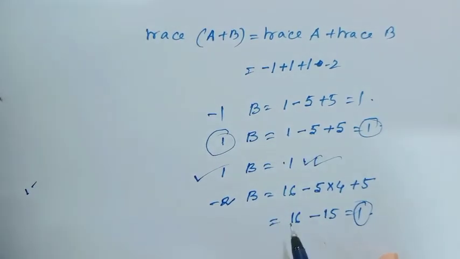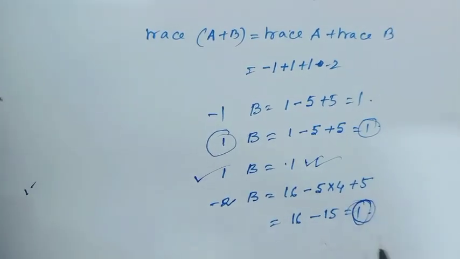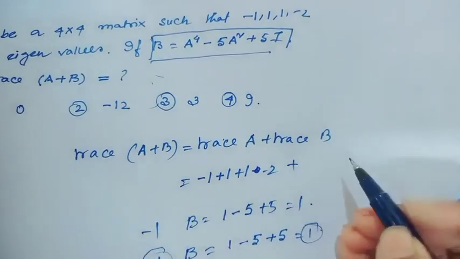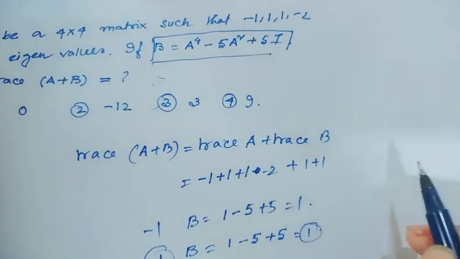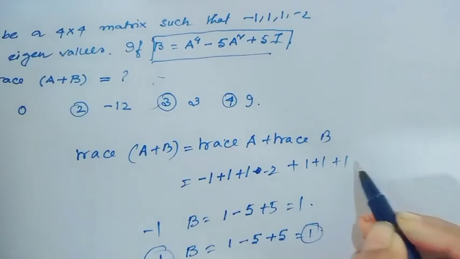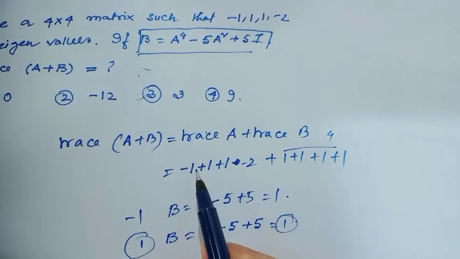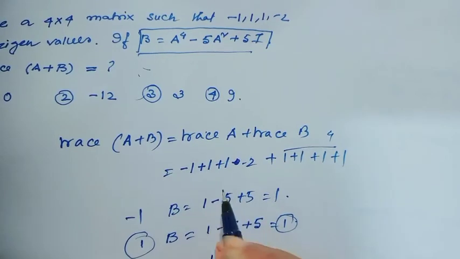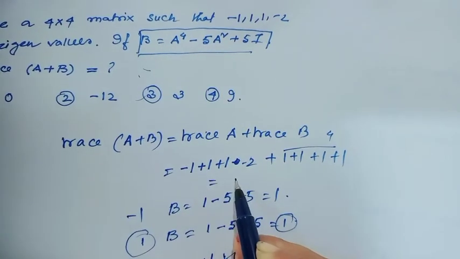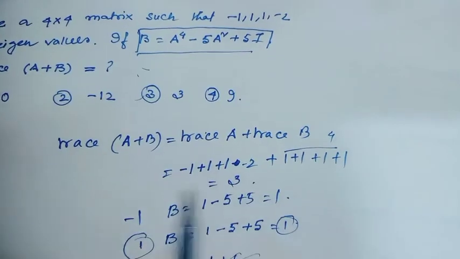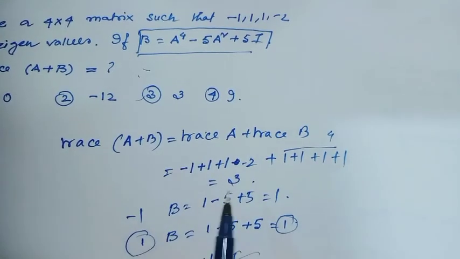And corresponding to -2, the eigenvalue of B would be 1. So trace of B means 1 plus 1 plus 1 plus 1, so here trace is 4, and trace of A is -1. So this value would be 3. That means trace of A plus B would be 3.